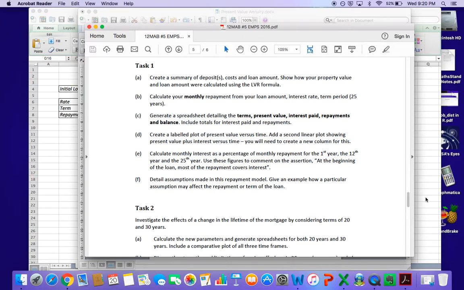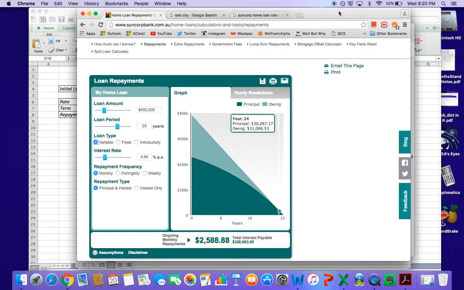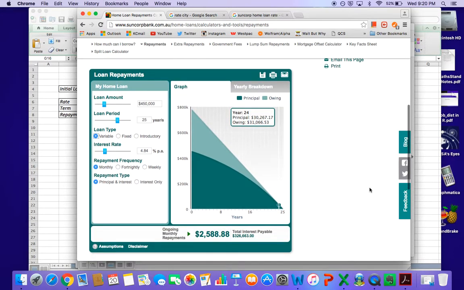Before we do any of that, of course, I will just open up a website here. This is a little app. I know some of you've seen me use this already. So here's a scenario that I've created here. So borrowing $450,000 from a bank over 25 years, and it says variable here, but this is constructed with the assumption that the rate is the same all the way through.